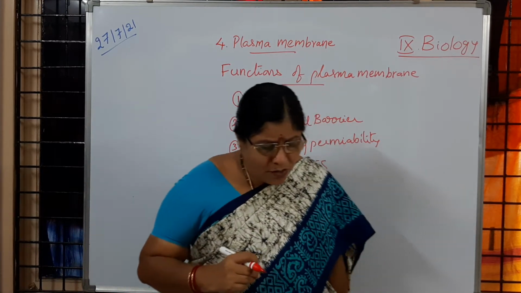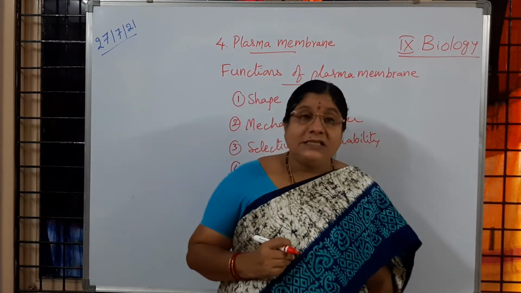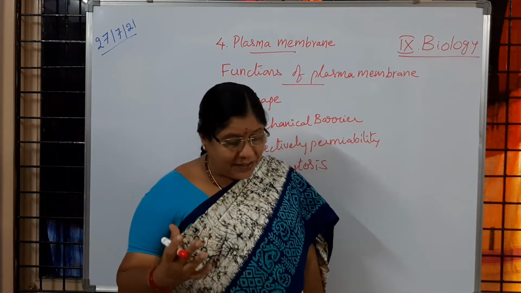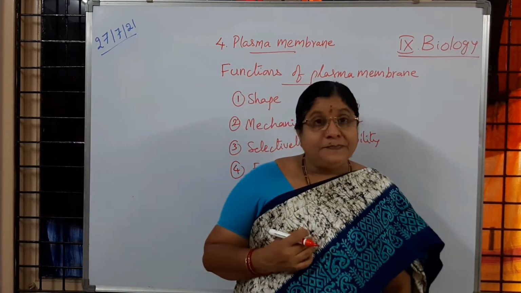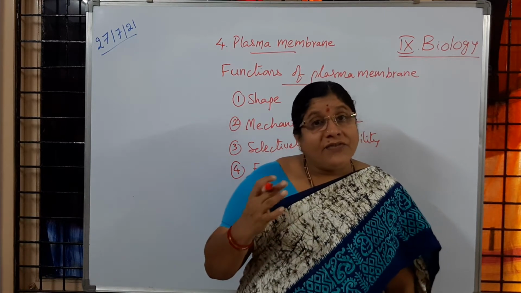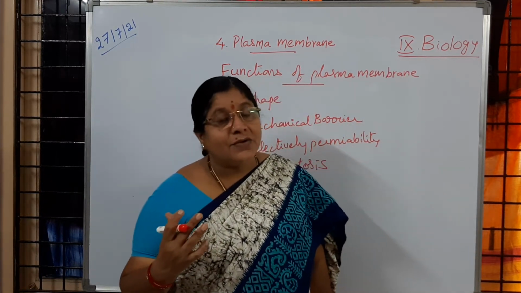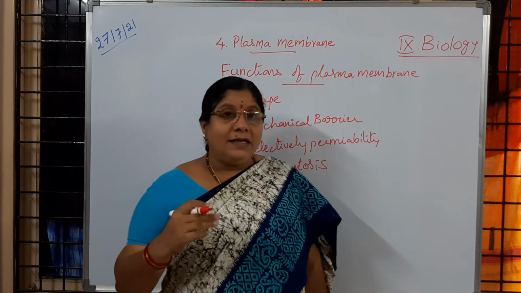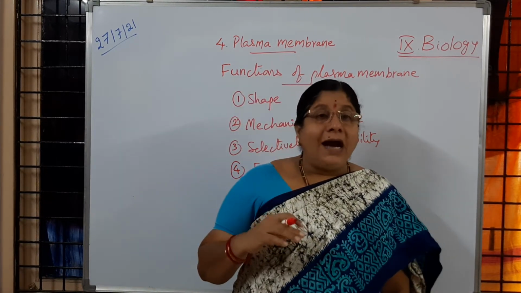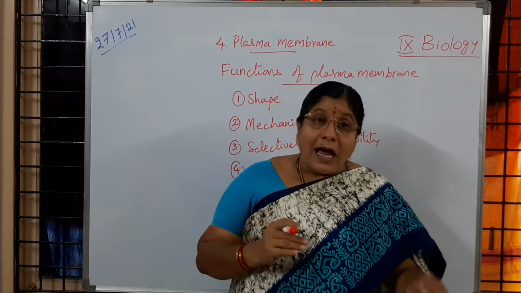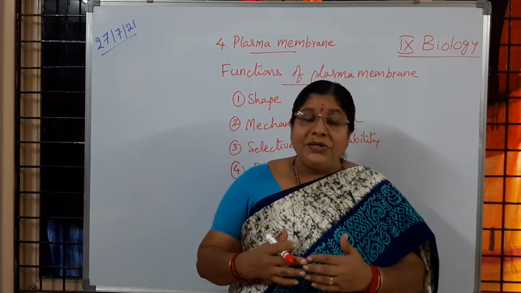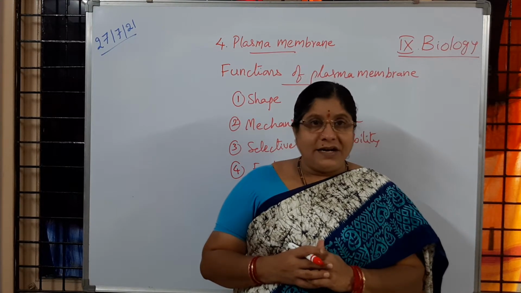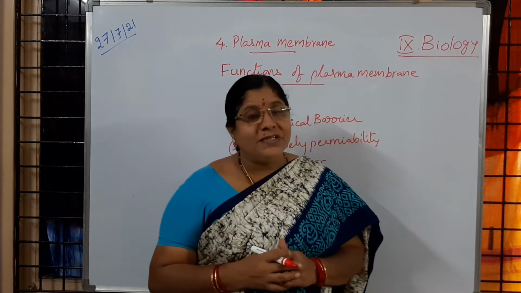Then next one is endocytosis. Now this membrane has the capability of digesting or engulfing materials. Apart from that, any foreign materials entering, like pathogens, when they are entering inside the cell, they are going to be engulfed and digested. From where do they come? From the external environment. Is it clear to you? External environment means what?